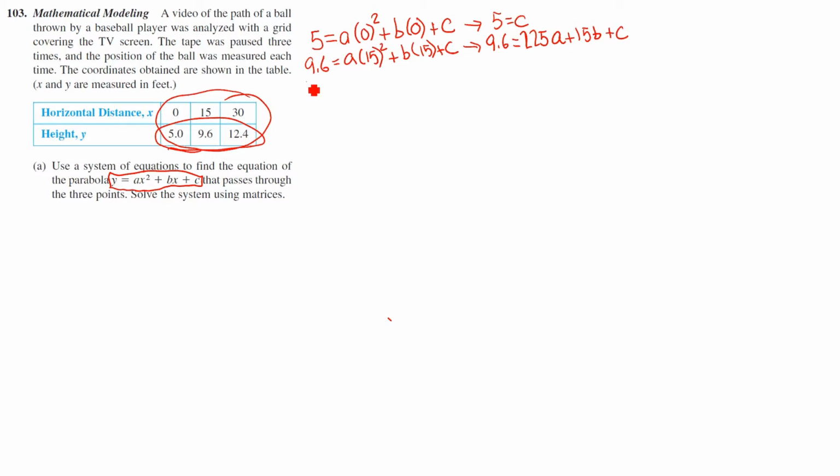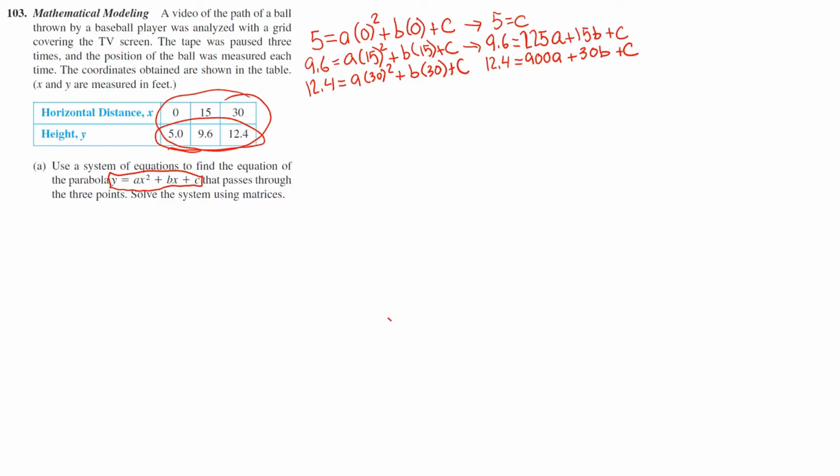And finally, you have 12.4 equals a times 30 squared plus b times 30 plus c. So I end up with 12.4 equals 900a plus 30b plus c.